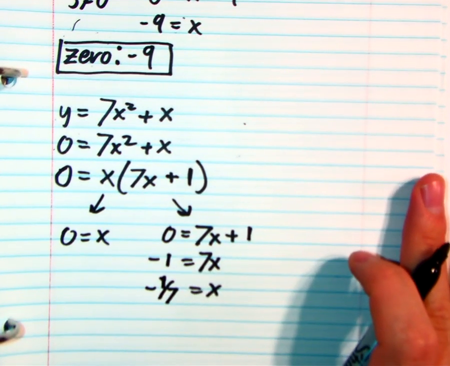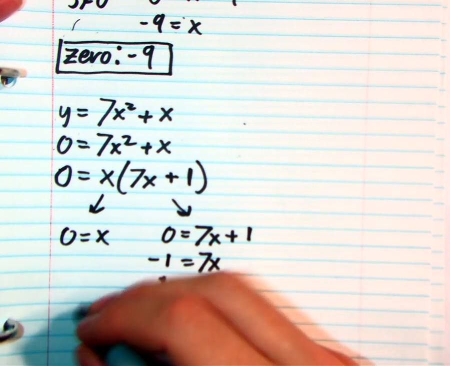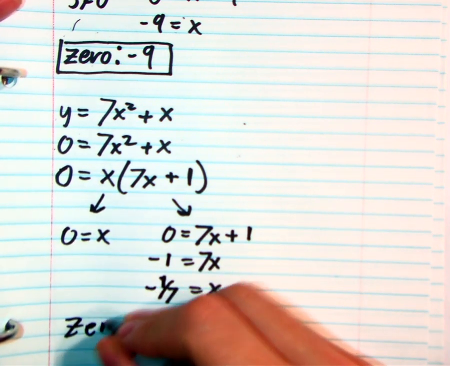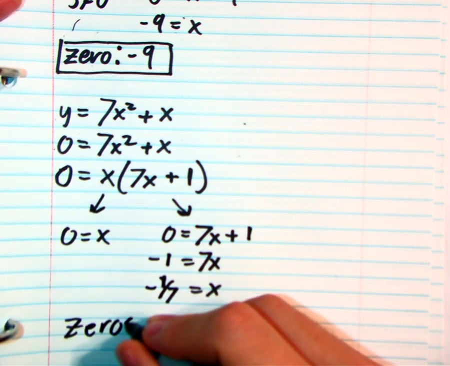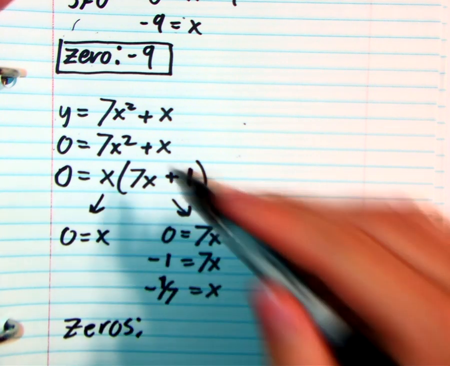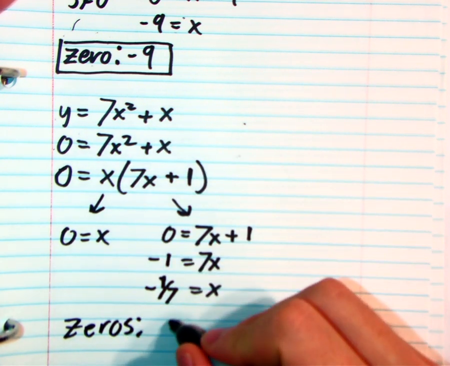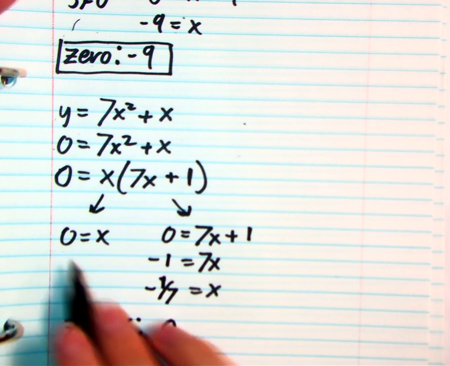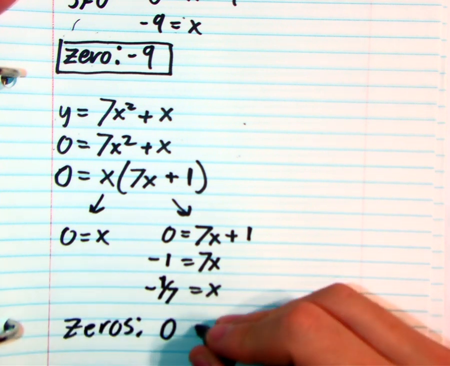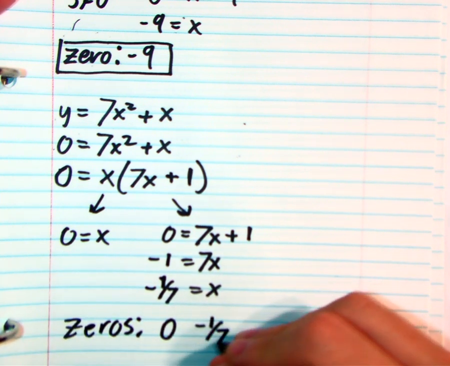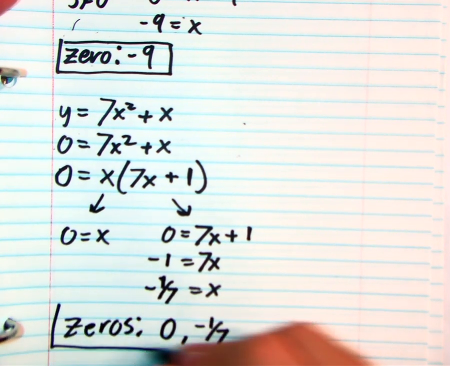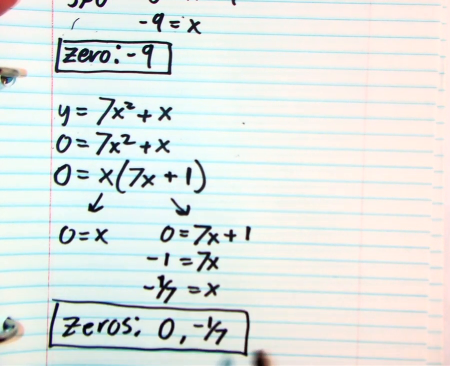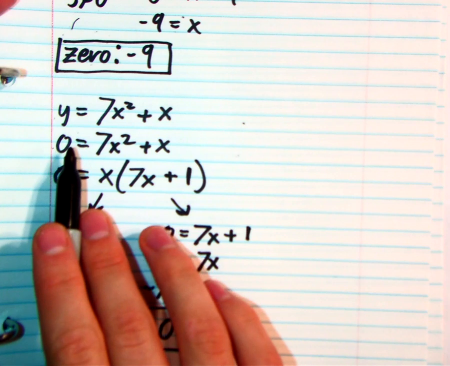And what I found is that the zeros of this polynomial are 0, the number 0, and the number negative 1/7. Those are my x values that make y equal to 0.